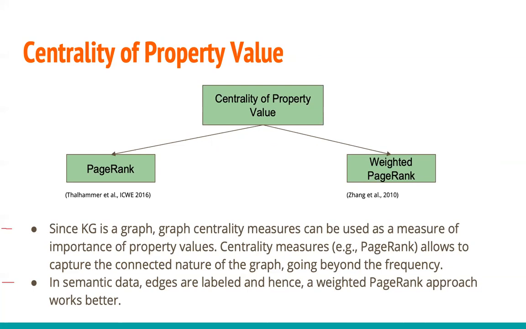But in a knowledge graph, you can think that different edges or relations carry different information or importance, or different ways we want to measure. So rather than using default or generic PageRank, we can use weighted PageRank. Certain properties will get certain values over the others because they are not the same. Two properties may not be the same because they mean two different things. So we can run PageRank or weighted PageRank.